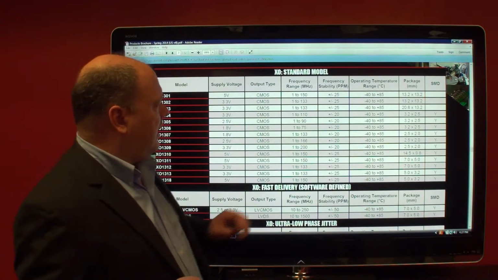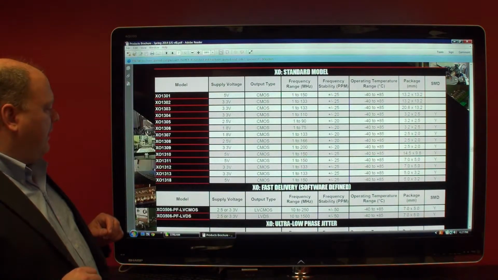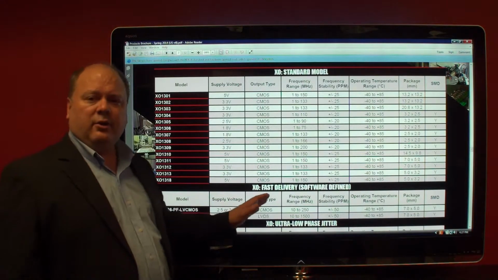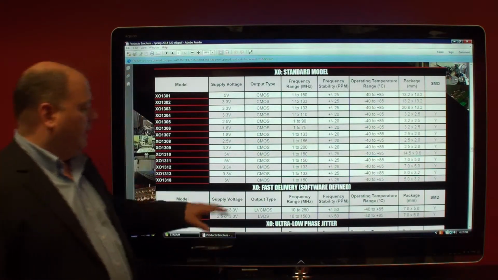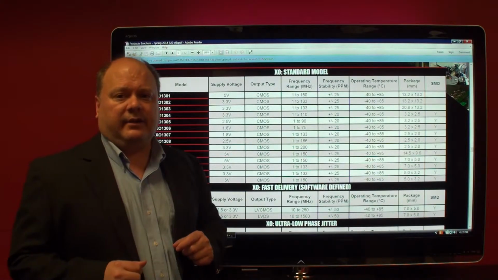But we do have clock oscillators in all the various sizes. And what I want to point out, even though I have it in a separate category, it's still a clock oscillator. I call those software-defined clock oscillators.